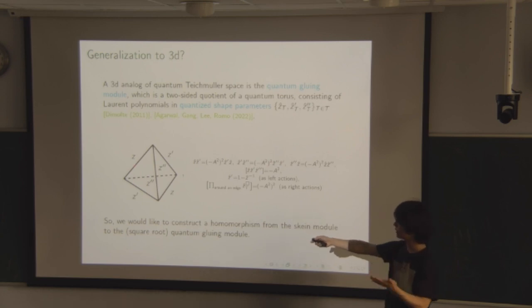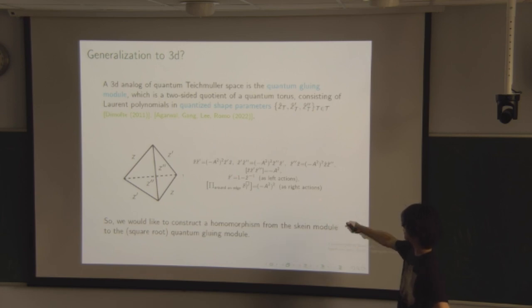It shouldn't have any cone angle, meaning it must satisfy some gluing equations. At the level of quantization, these are given by relations that must be satisfied by these variables.